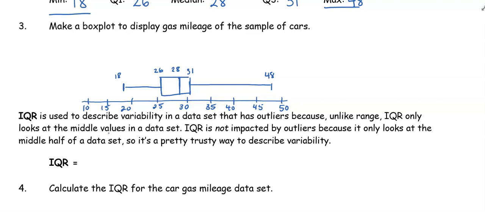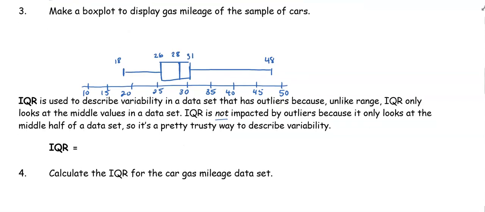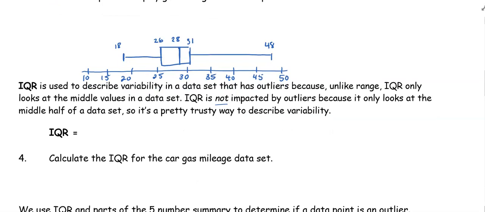It's not within a reasonable range of values. And this IQR is going to help us figure out which values are just high and low versus which ones are too high or too far away from the rest of the data. The IQR is not impacted by outliers because it's only looking at the middle half of the data. So we have a very trustworthy tool here.